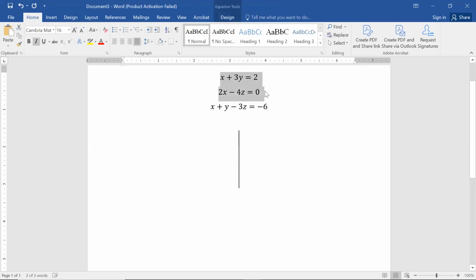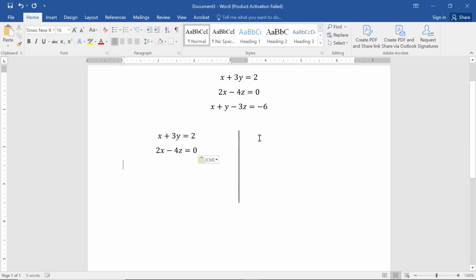I'm going to pick equations 1 and 2 to be one pair of equations. And in my next pair of equations, again, it doesn't matter, I think I will pick equations 2 and 3. I think this will be good.